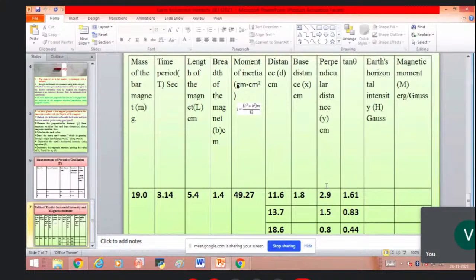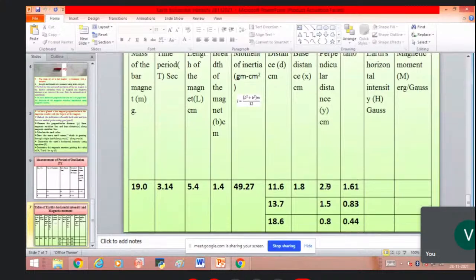So you have three data of distance versus tan theta, right? 11.6, 13.7, and 18.6. So you could have probably drawn a straight line of tan theta versus 1 by d cube. That should be a straight line. Yes, that could also be done.